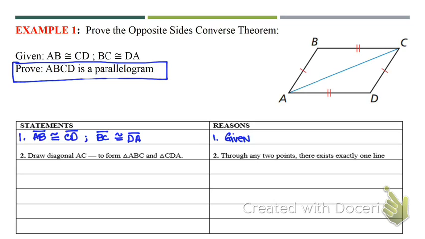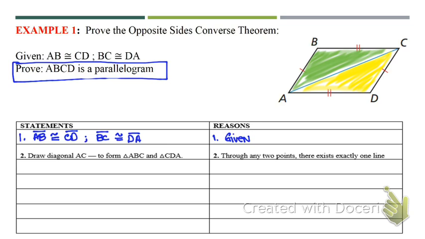So diagonal AC has already been drawn. And we'll notice that diagonal AC is giving us the ability to create 2 triangles. So I've got my 2 triangles.